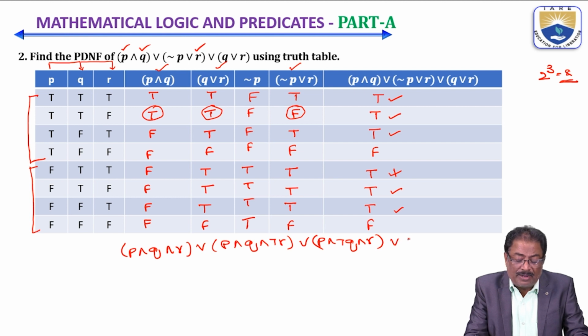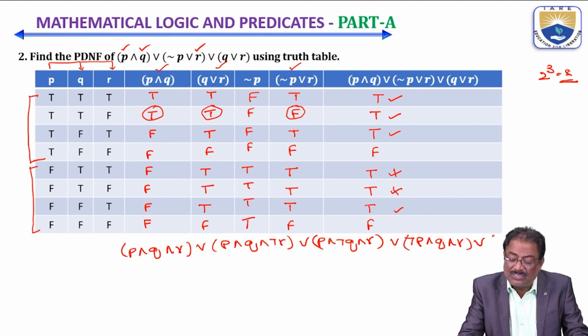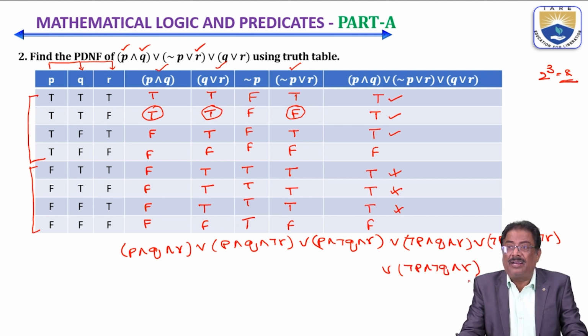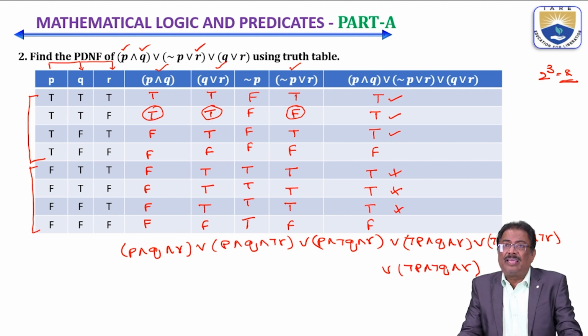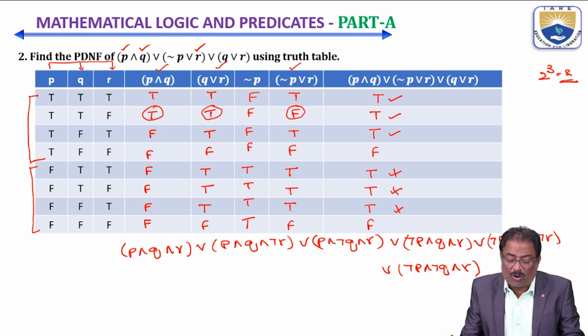So R, then negation of P and Q and R, then the next one is negation of P and Q and negation of R. Then the third one is R. Total there are 6: 1, 2, 3, 4, 5, and the sixth one is negation of P and negation of Q and R. So these are the principal disjunctive normal form, which is nothing but the sum of products. If any repetitions are there, then we are going to remove them.